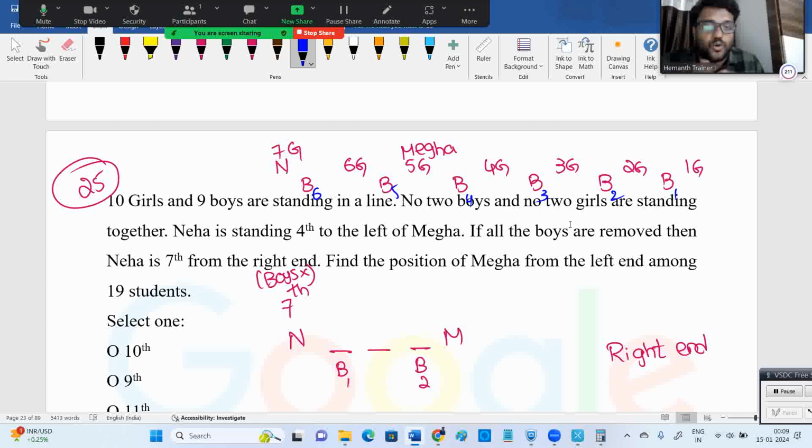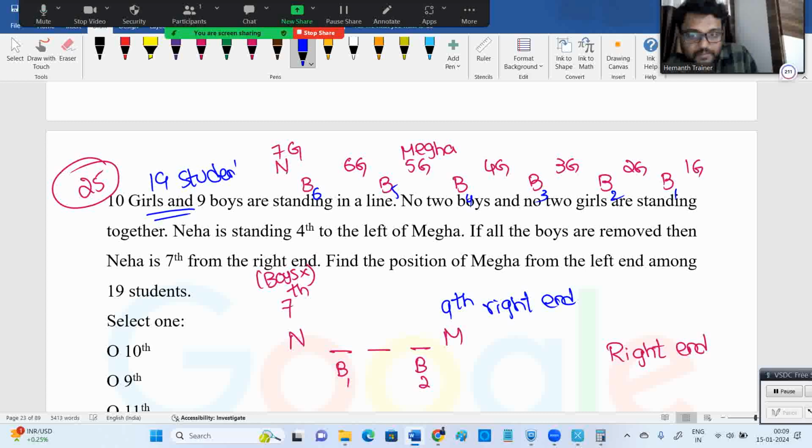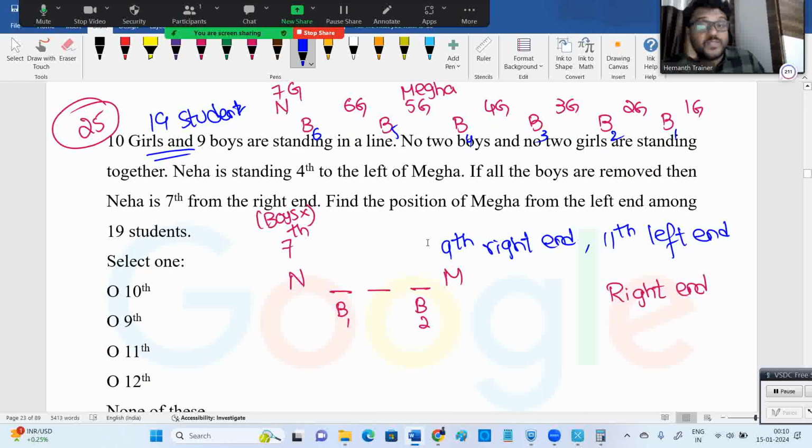Now, what is the position of Megha from the right end? 1, 2, 3, 4, 5, 6, 7, 8, 9. So Megha is ninth from the right end. And total people are 19. Definitely it should be 11th from the left end. We discussed already in the previous video: total 19 means right end plus left end minus 1 should be total.